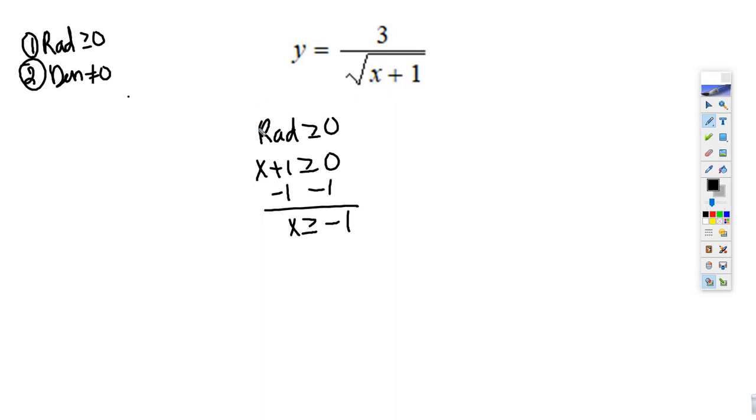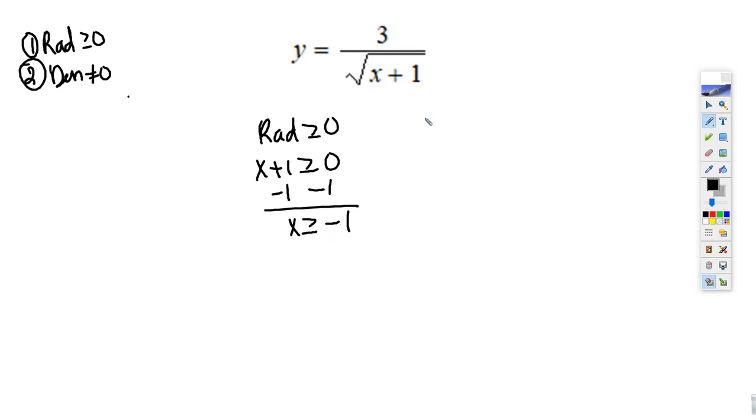But if I use negative 2, which is less than negative 1, I get negative 2 plus 1 is negative 1, and we cannot take the square root of a negative in the real number system. So I already know that no matter what else is true about this expression, x has to be greater than or equal to negative 1.